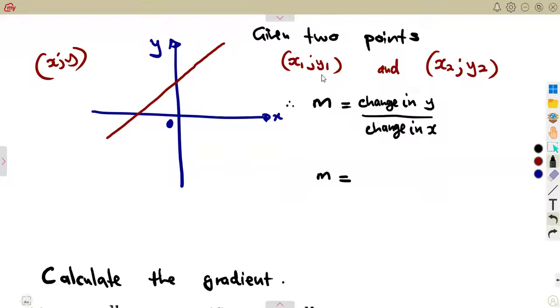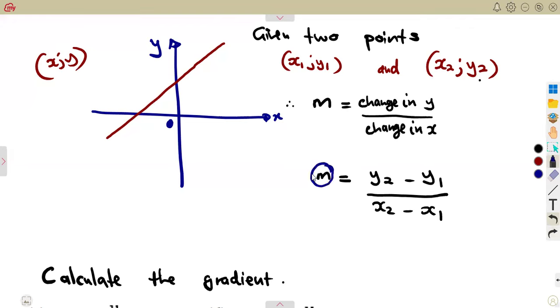Y changed, remember, it's a change. Y changed from y1 to y2. So how do you find the change? Final minus initial. So it is going to be y2 minus y1 over x changed from x1 to x2. So it's going to be the difference, x2 minus x1. So this is the formula that we can use for gradient.